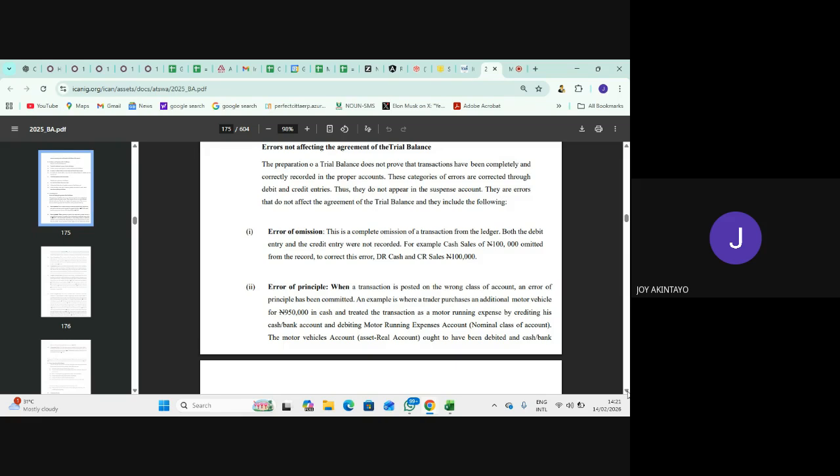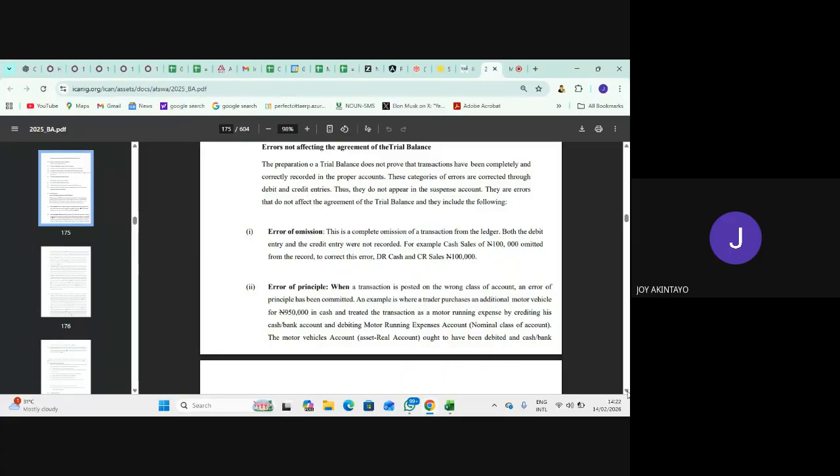Real accounts relate to the accounts of properties or tangible assets of the company, which include property, plant and equipment all together. Are we together?